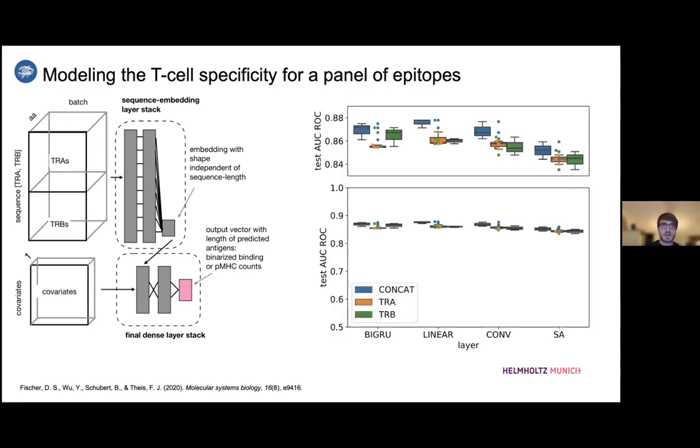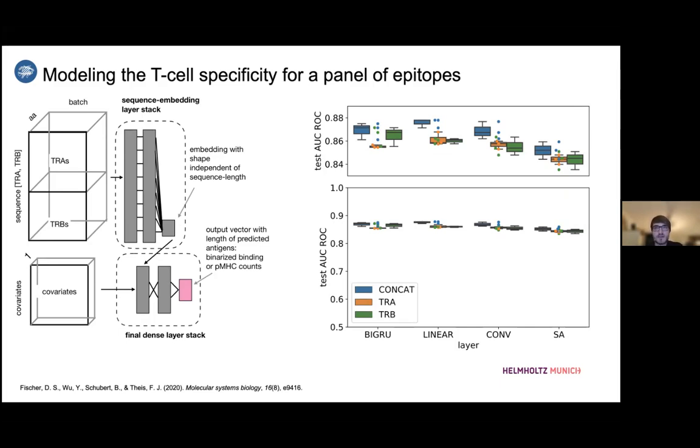And it turns out in this very refined and reduced problem setup, we can achieve quite high prediction performance. And what you can also appreciate here is that generally, if you combine the alpha and beta chain, you have a slight increase in performance, but usually the alpha or beta chain alone already suffices to reach quite good prediction performance.